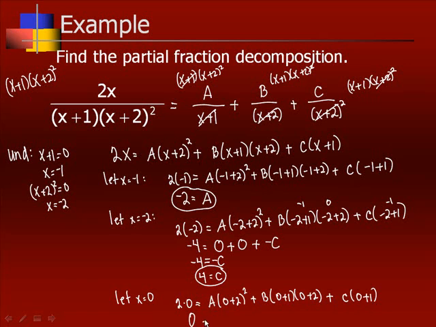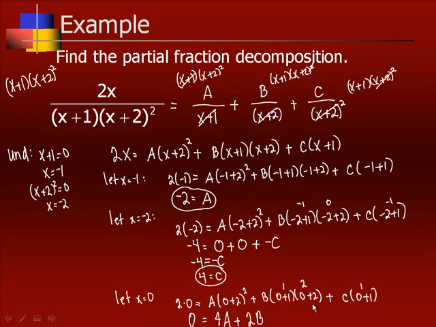So what we get is 0 equals 0 plus 2 is 2, 2 squared is 4, so that would be 4A. 0 plus 1 is 1, 0 plus 2 is 2, 1 times 2 is 2 times B, that's going to be 2B.